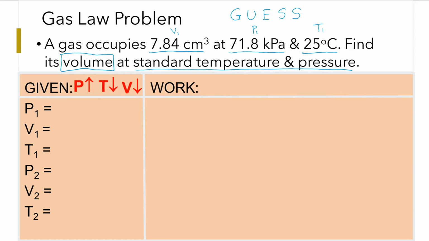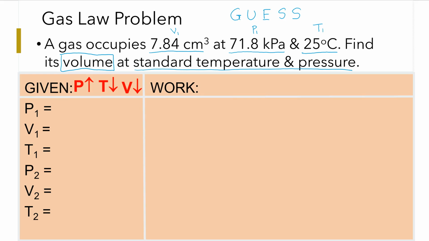Whoa, whoa, whoa. Mr. Tran, I don't see a second set of temperature and pressure numbers. Well, STP tells you that you have to use 0 degrees Celsius or 273 Kelvin, depending on what unit you have, and 1 atmosphere or 101.32 kilopascal.